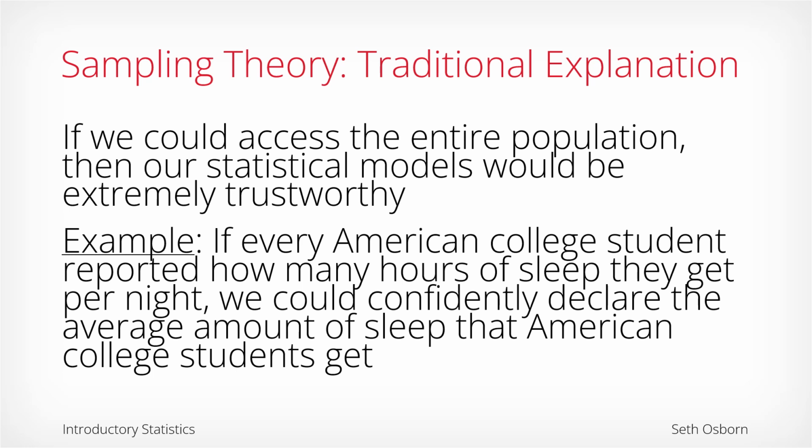For example, if we were curious how many hours of sleep American college students get per night on average, and we could somehow access the entire population, well, we could just ask each individual and then we could calculate the average. This would allow us to be extremely confident that we knew the average amount of sleep that American college students get, or at least that they report getting.